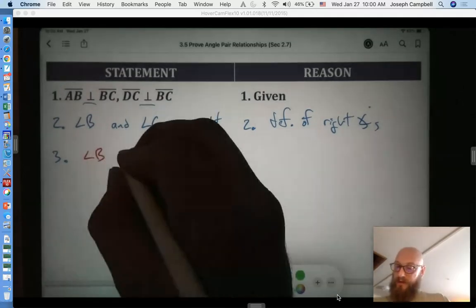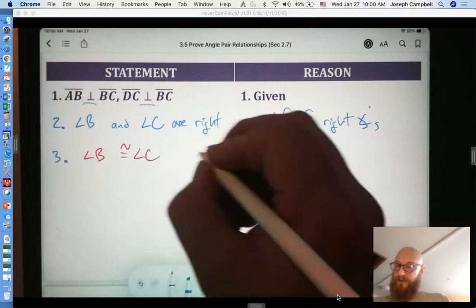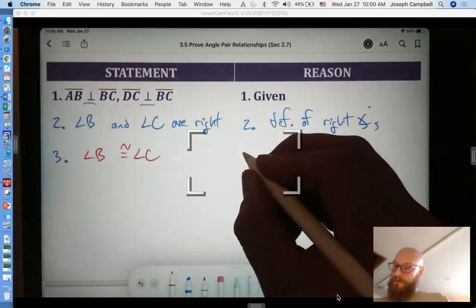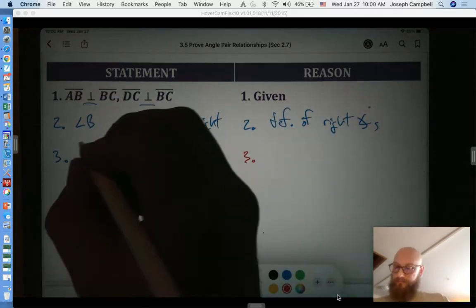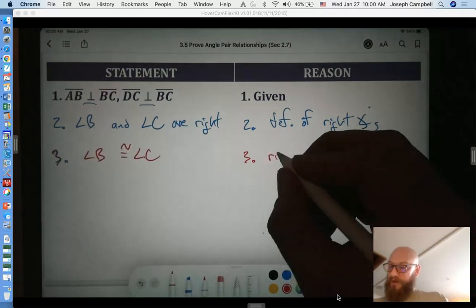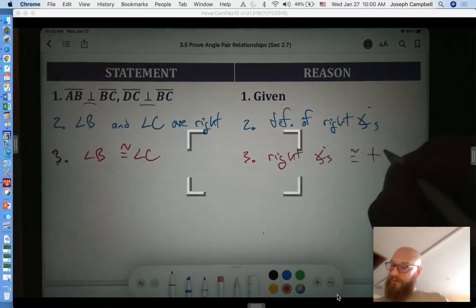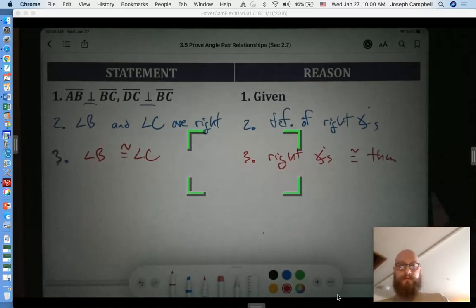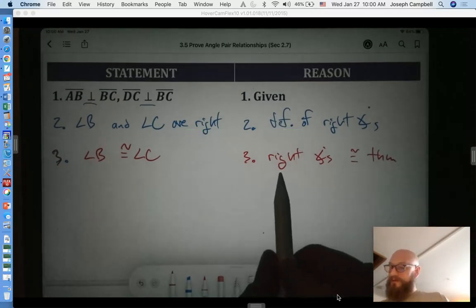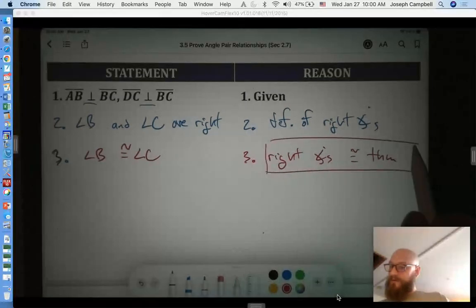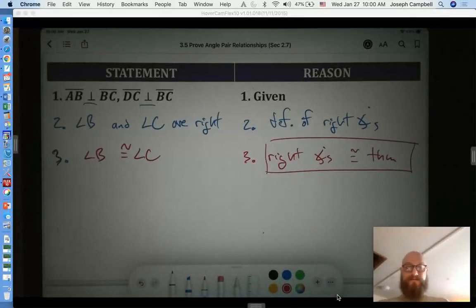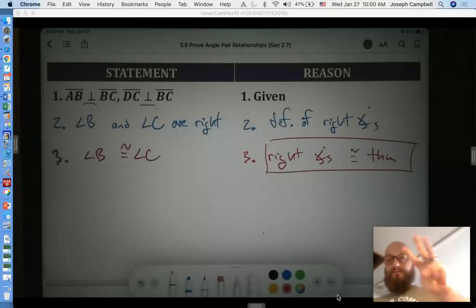Angle B is congruent to angle C. And how do I know that? Because of the right angles congruence theorem. This is the first time we've used it in a proof. It's a nice shortcut. Notice how we went from 5 steps to 3 steps.